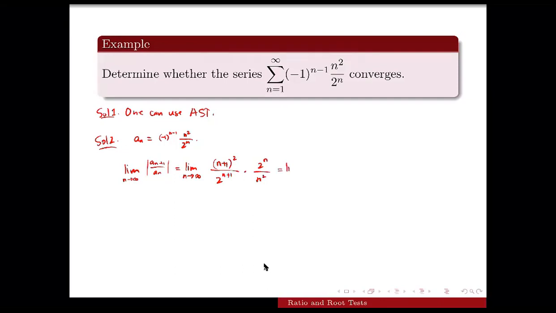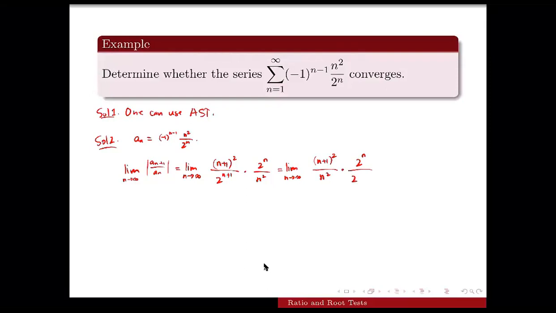And then we just simplify this. We combine the same or similar terms. We have n plus 1 squared, and we put n squared on the denominator. On the other side, you have 2 to the n over 2 to the n plus 1.